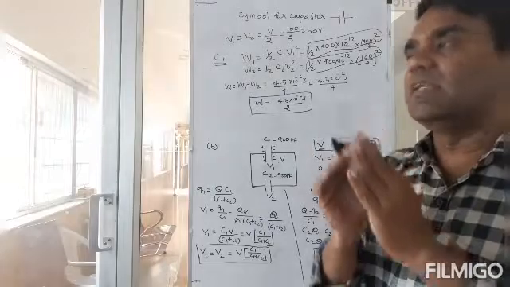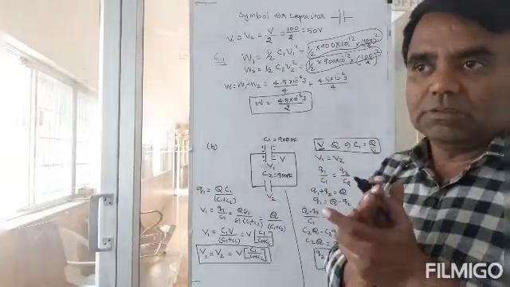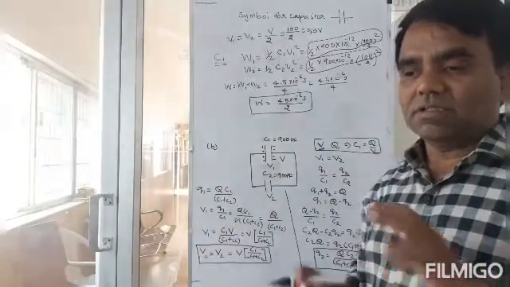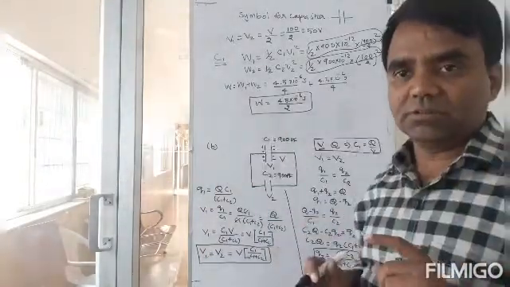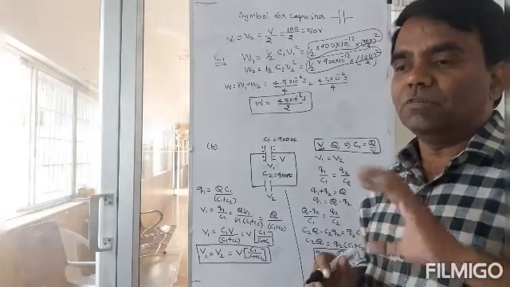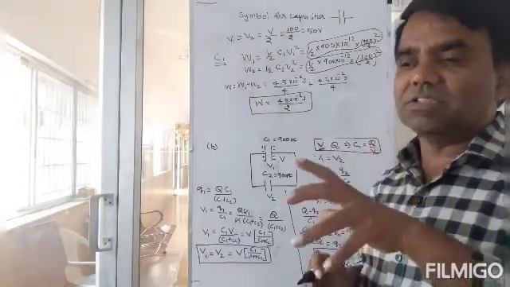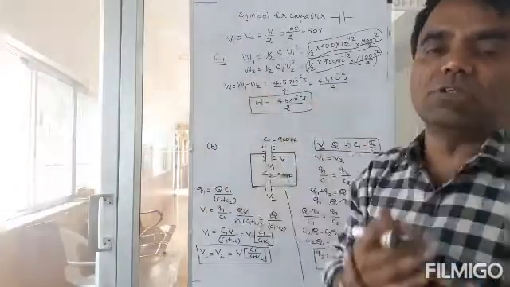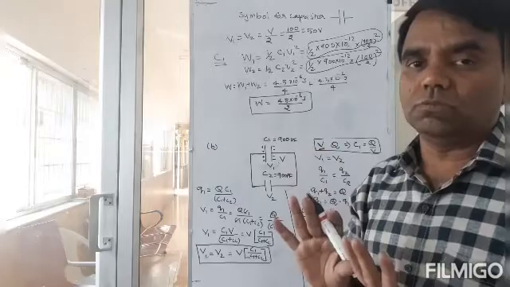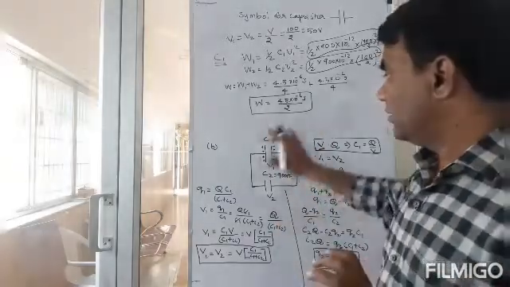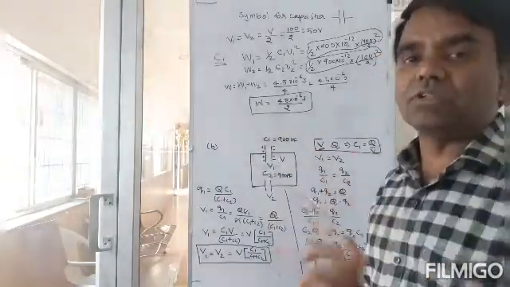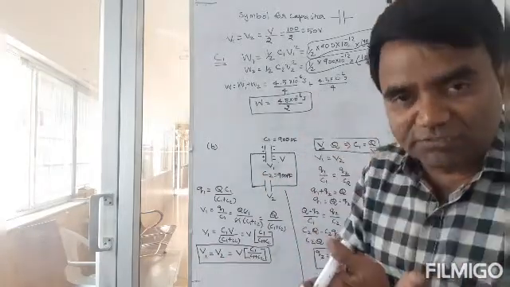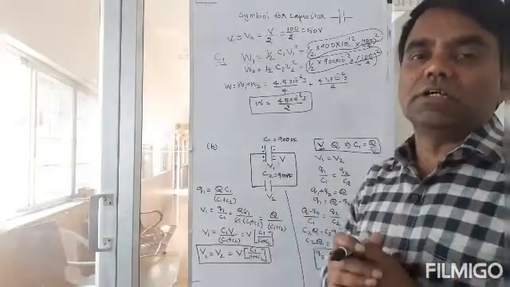Okay? If you start with 100 units of energy with one capacitor, you connect another capacitor, and the energy is shared between these two capacitors. So when you add this energy and that energy in the final state, you would expect the same 100 units of energy to be present. No. What you have in this case is only 50 units of energy in both together. I mean, one has only 25 units, and the other also has 25 units of energy.